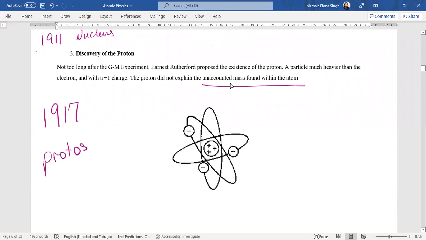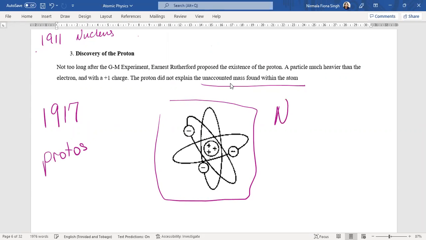Who are we missing from the story, folks? In the story of the atom, who is missing? The who? Neutrons. The neutron. We still have to know the neutron is missing from our story.